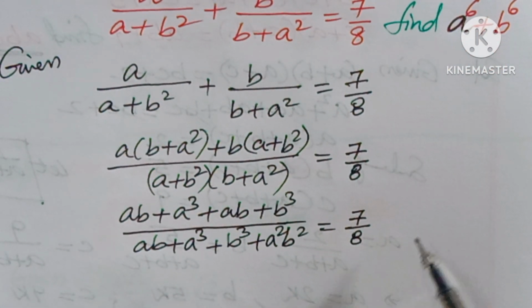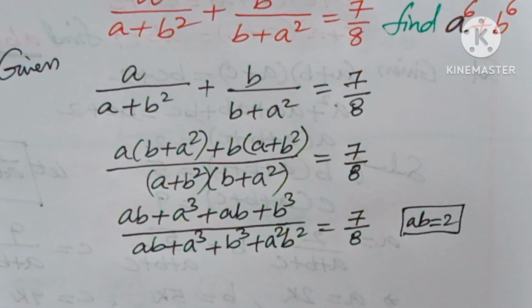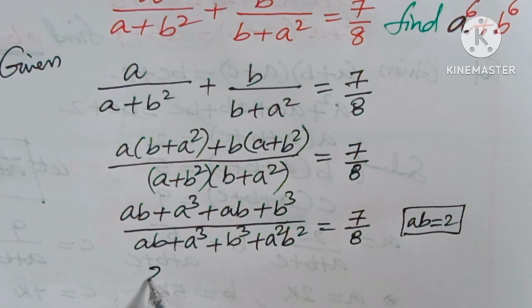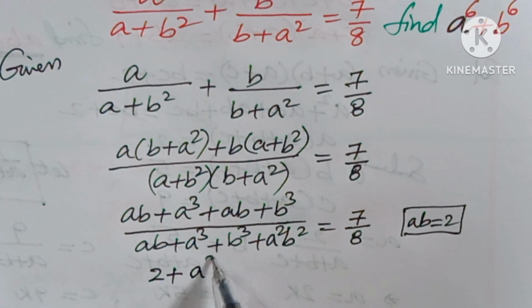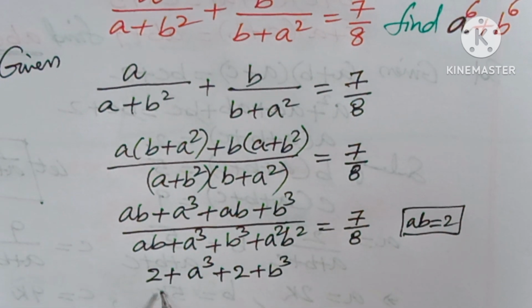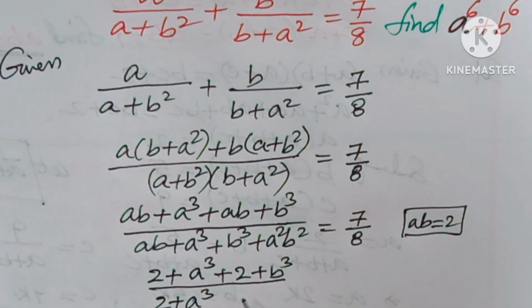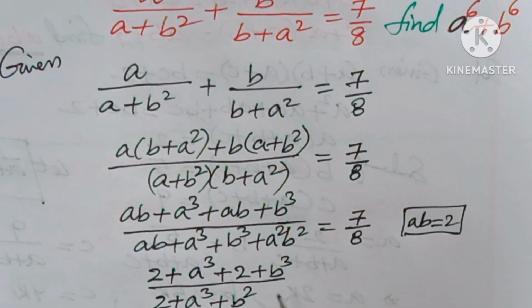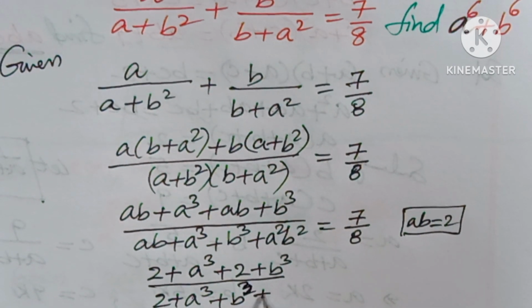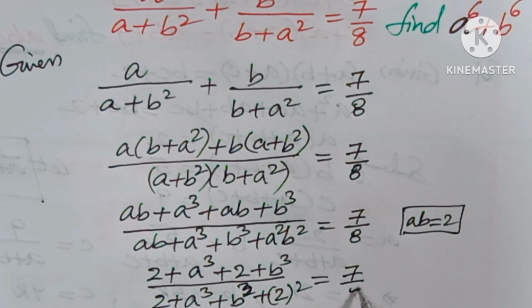So you are already given that the ab value is 2. If you substitute the ab value, it becomes (2 + a³ + 2 + b³) by (2 + a³ + b³ + 2²) is equal to 7/8.